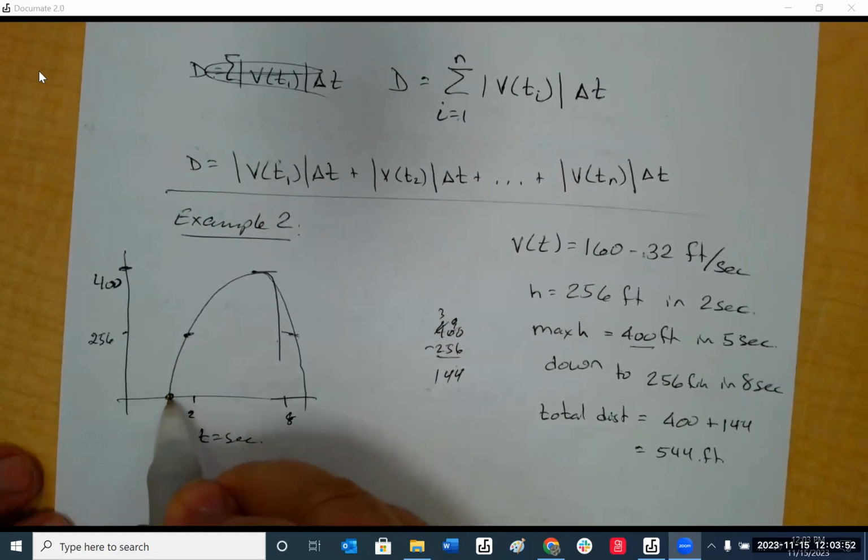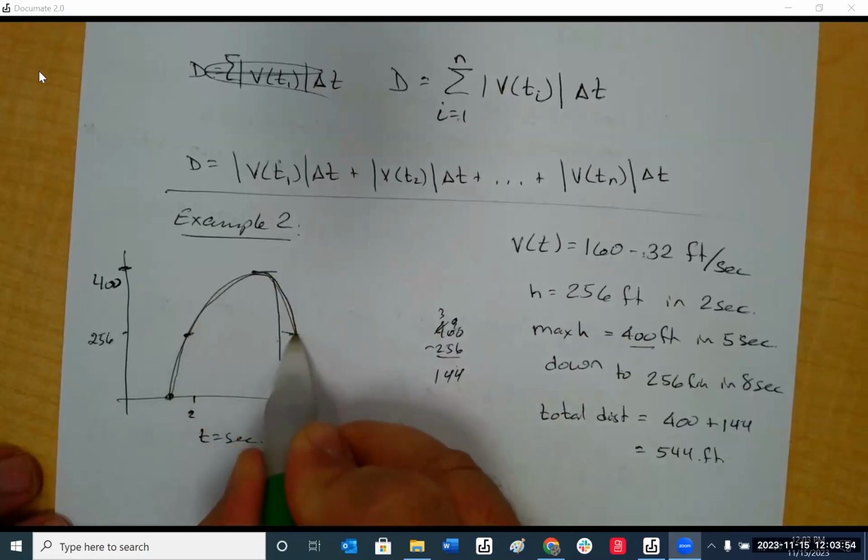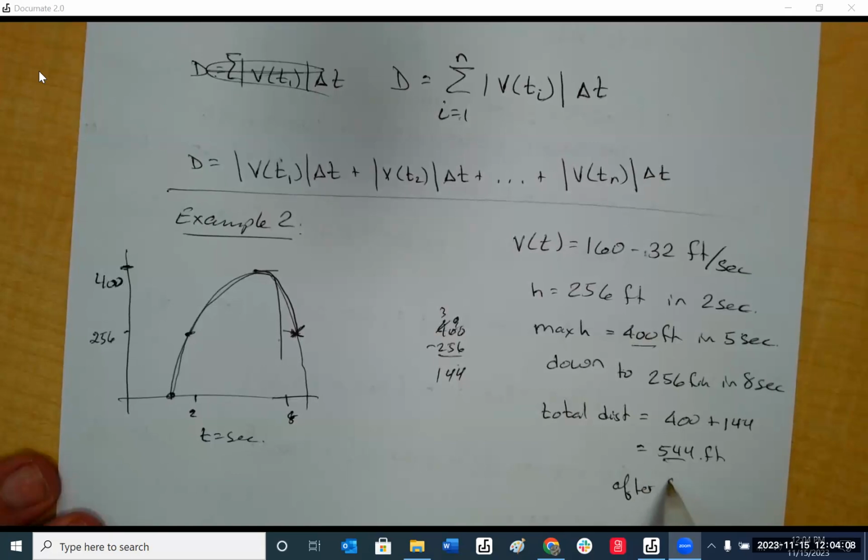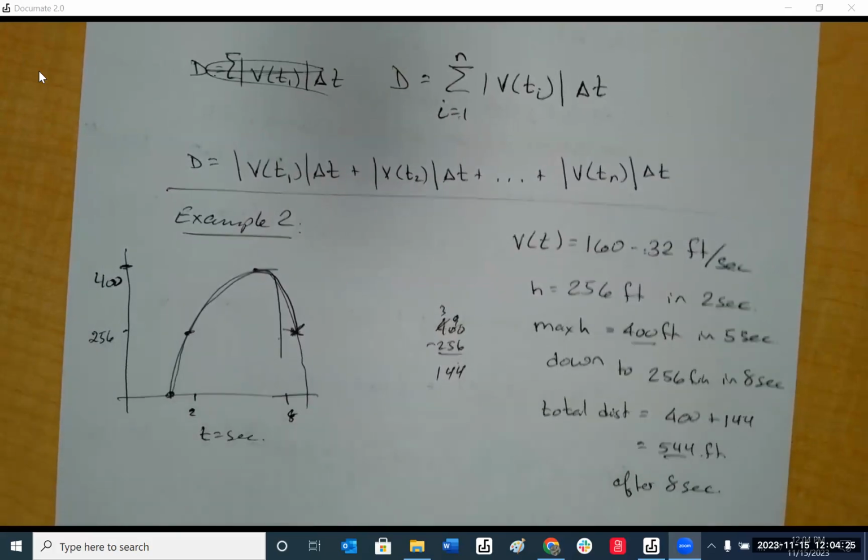So from here all the way to here was a total of 544 feet after 8 seconds. Okay, so that's the actual distance.